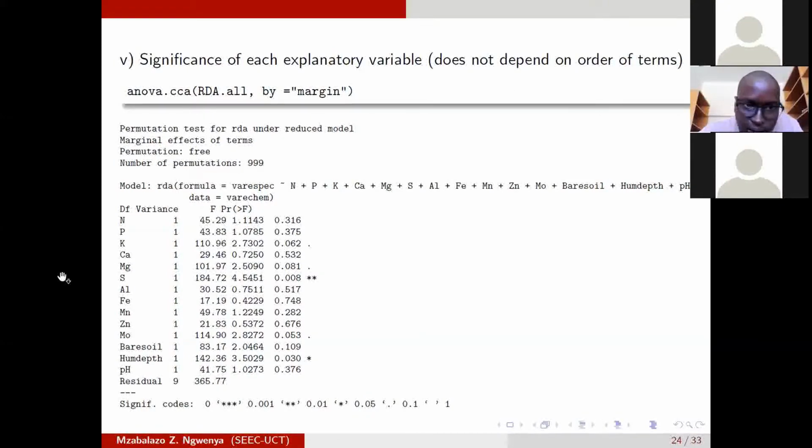Having done that, we find that humus depth is significant, Mo is significant, sulfur is significant, and potassium is significant there. Forget what element that symbol is. So those are our significant environmental variables.